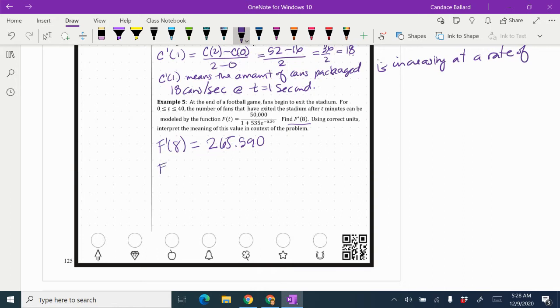So we would want to say that f prime of 8 means, the context is the noun would be the number of fans that have exited the football game, right? So it means the number of fans who have exited the football game.